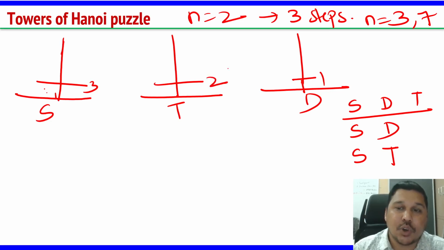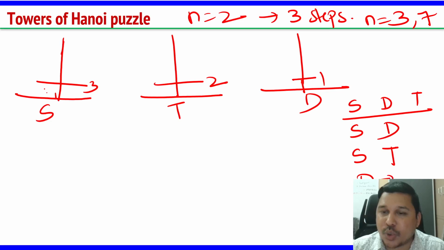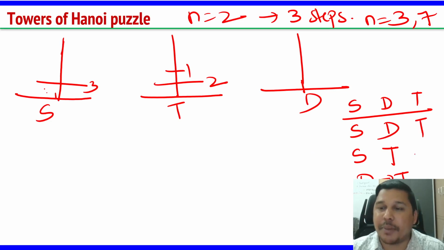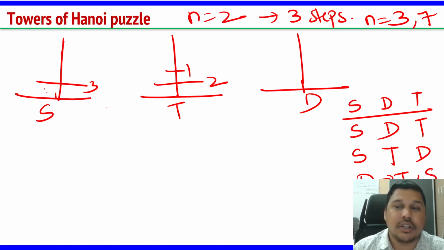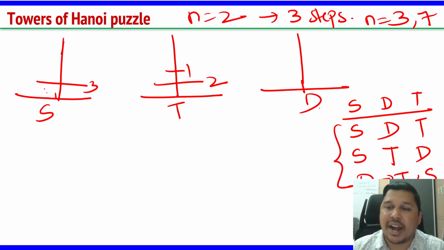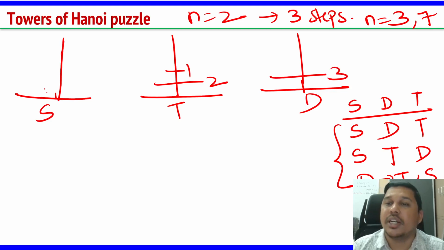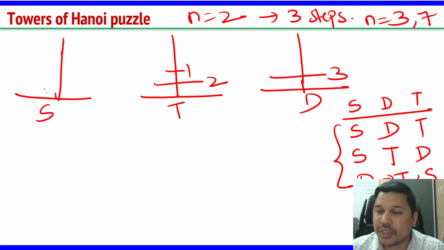Then again you are moving from destination to temporary. This 1 is moving from here. So I am taking help of temp here, I am taking help of destination, I am taking help of source. The remaining things I am just filling there. Next, after 3 steps, I am taking this largest one to destination, that is from source to destination.